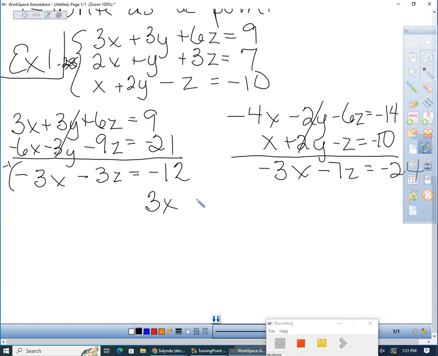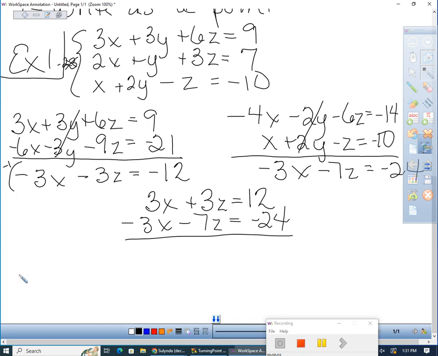Negative 1 times negative 3z is positive 3z. And negative 1 times negative 12 is positive 12. I'm going to write this one underneath here. So negative 3x minus 7z equals negative 24. Adding those together, my x's drop out. I get negative 4z equals negative 12.